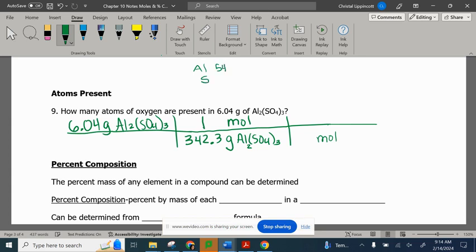My sulfurs, I had 3 of them because 1 times 3 is 3 at 32.1. That's going to give me 96.3. And then the oxygens are going to be 192. And if you add all that up, it should come up to 342.3.